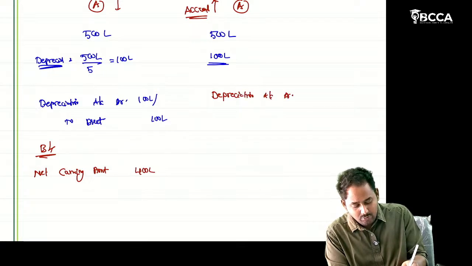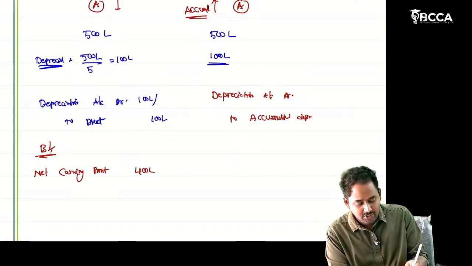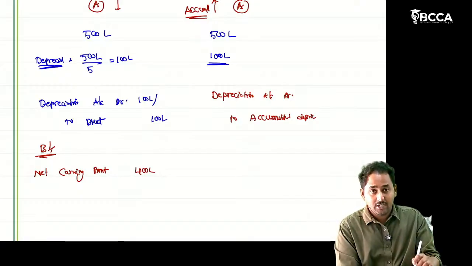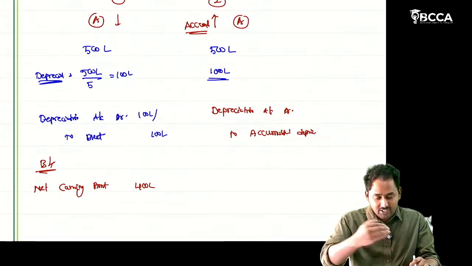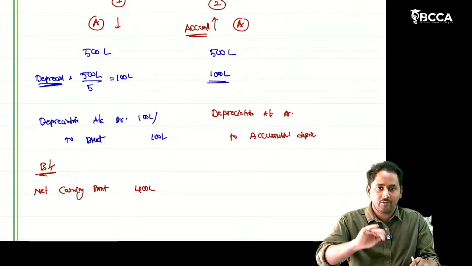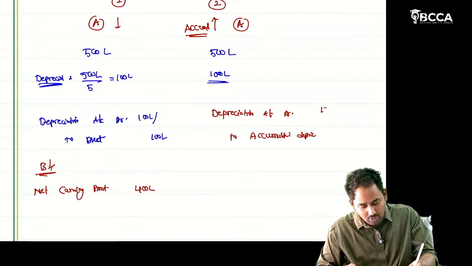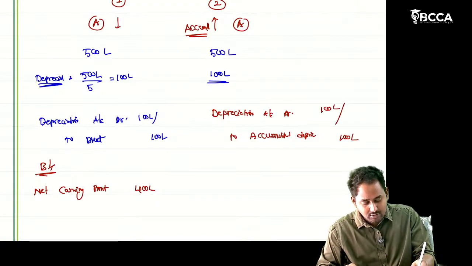But coming to the second approach, the journal entry is depreciation account debit to accumulated depreciation. This accumulated depreciation is called a liability. Treat it as a liability. So instead of decreasing one asset, you have created one liability and you are increasing it. 100 lakhs, 100 lakhs.